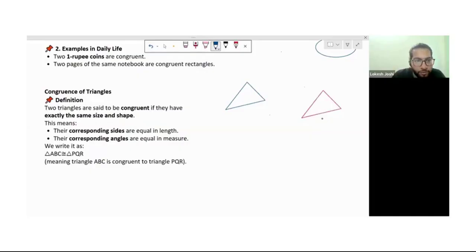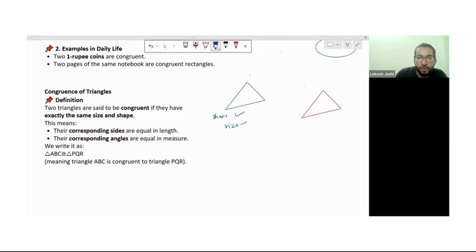If they are congruent, then their shape and size are both the same, which means their corresponding sides are equal in length and corresponding angles are equal in measure.